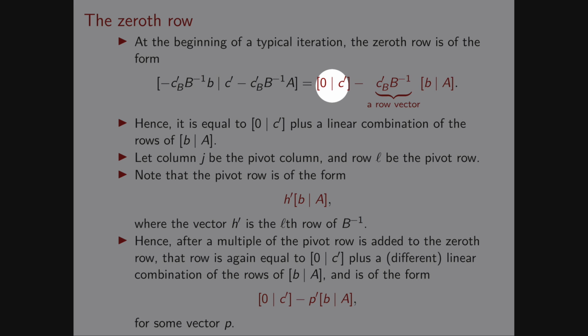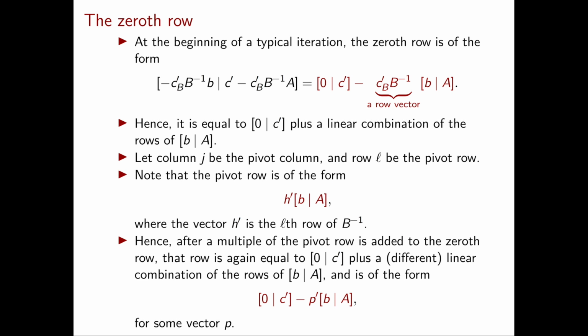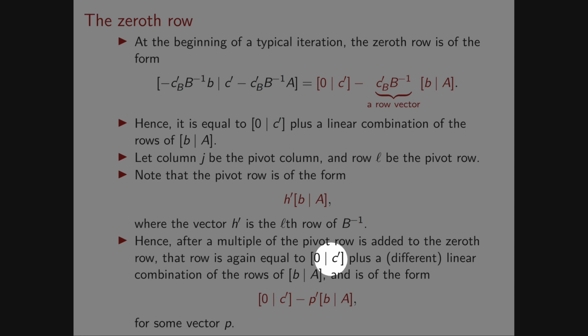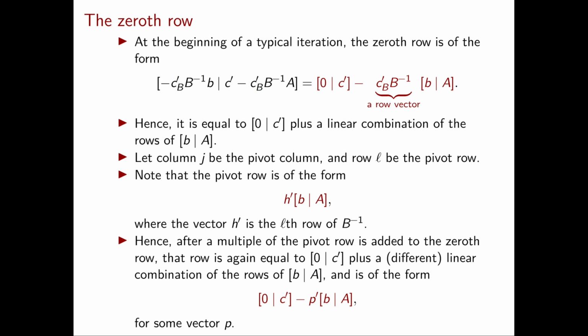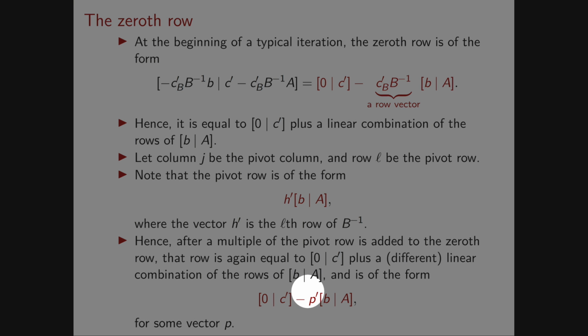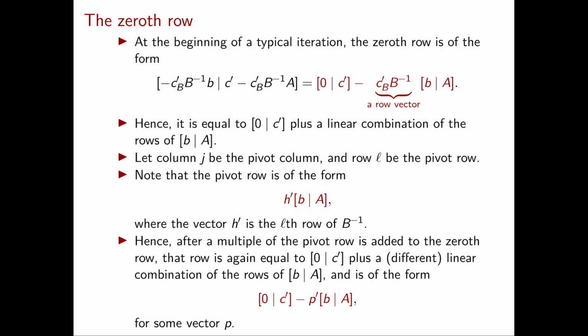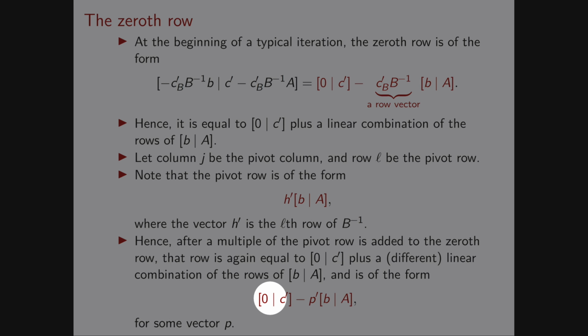So now in total we will have 0 C transpose minus a linear combination of the rows of [b A] plus a multiple of another linear combination of the rows of [b A]. So this simply is 0 C transpose plus some linear combination of the rows of [b A]. Once again, at this point, I don't care about what linear combination this is. Let me just denote the coefficients of such a linear combination by p transpose. So at the end of our iteration, the 0th row will be 0 C transpose minus p transpose [b A] for some vector p.